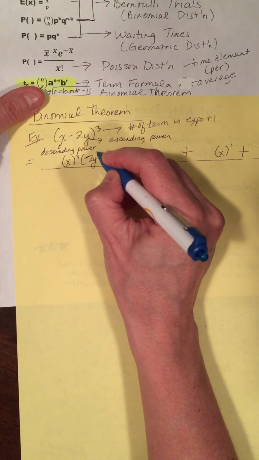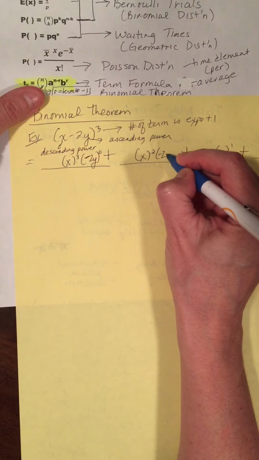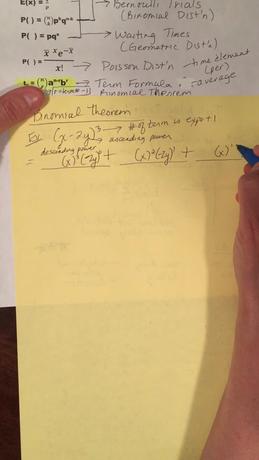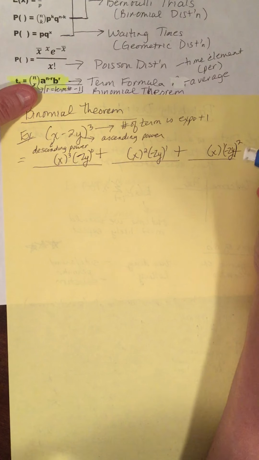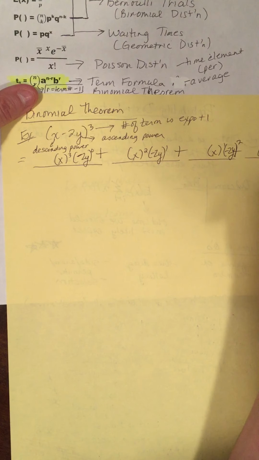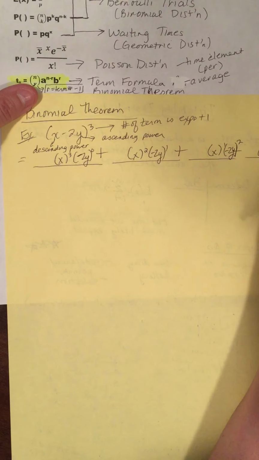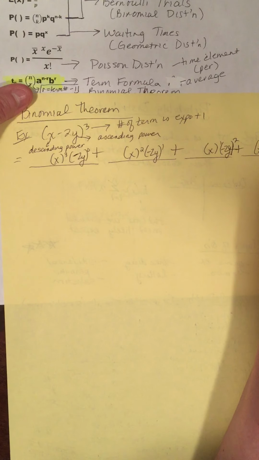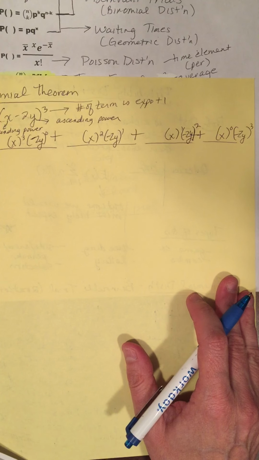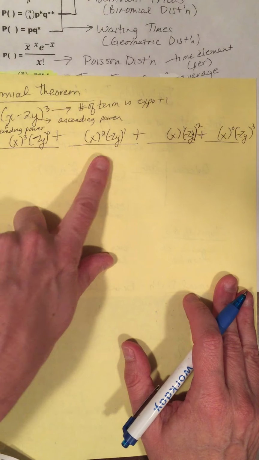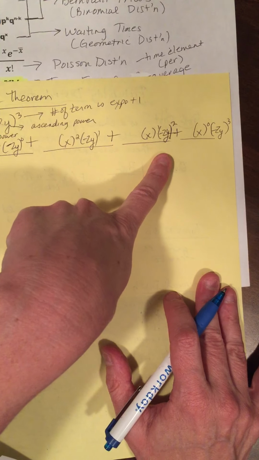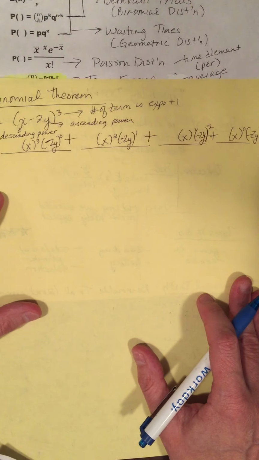negative 2y to the 0, negative 2y to the 1, negative 2y squared. Sorry, that's kind of messy. And negative 2y cubed. So negative 2y to the 0, negative 2y to the 1, negative 2y squared, negative 2y cubed.